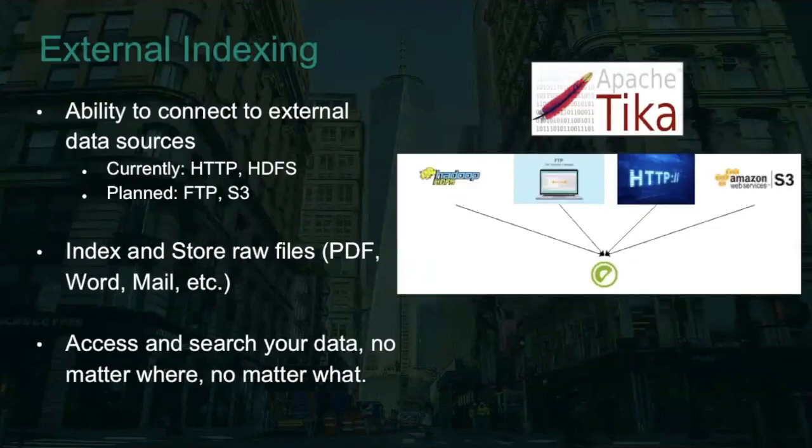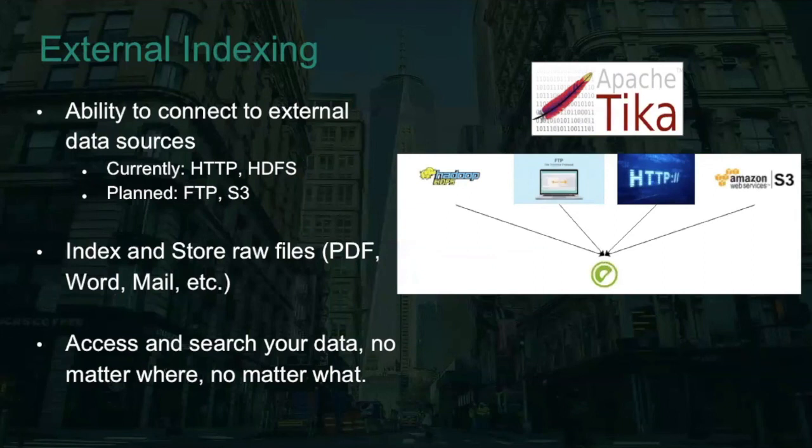Now, your data is not always stored within Greenplum. Sometimes it might be in raw documents such as PDFs or Word documents that are stored on external file systems such as HDFS or FTP or S3. What we offer is the ability to connect to these external data sources and directly extract and process your raw text data and store that as an index in GPText.